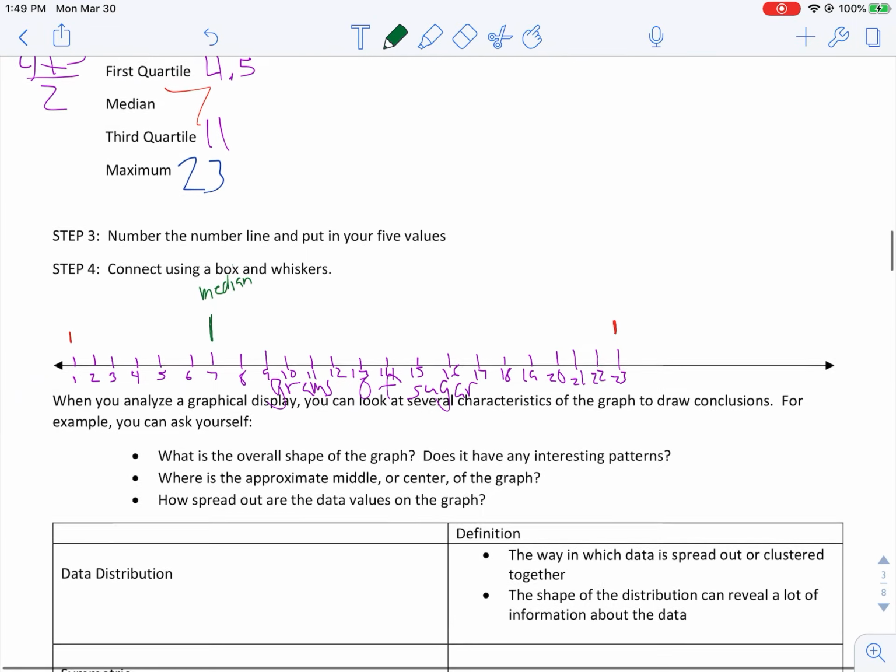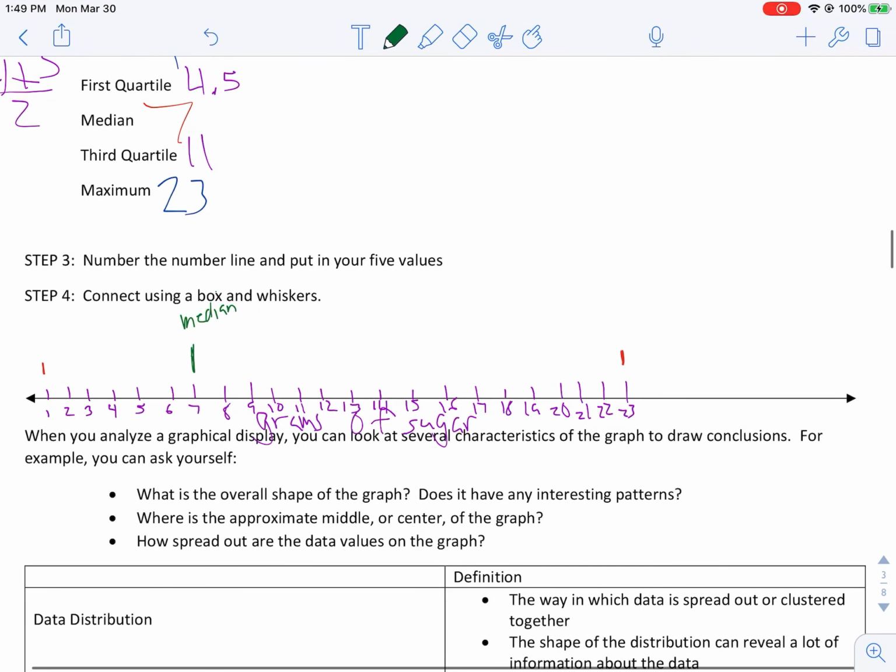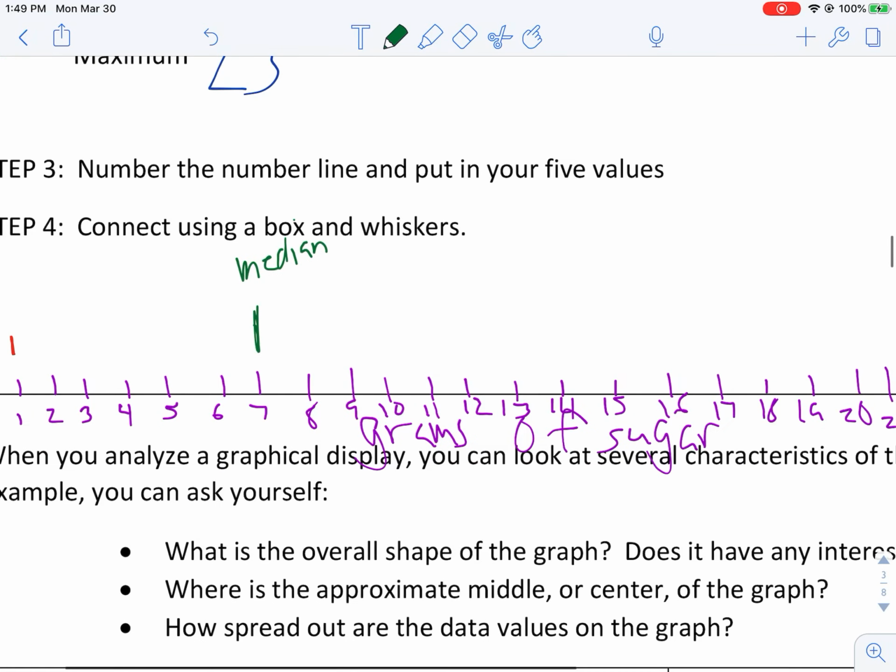So now I need to look at Q1. Q1 was, that's the first quartile, that's Q1. That was actually at 4.5. I will actually go Q1 here. I will actually label it as 4.5. So that's the first part of the box. And then the last part, Q3, it's third quartile, that equaled 11.